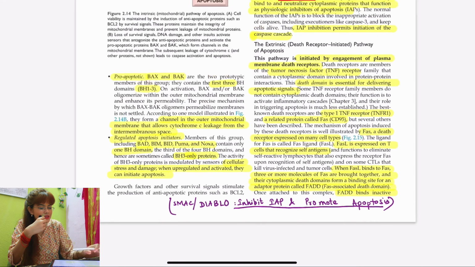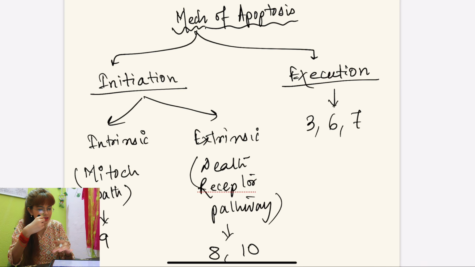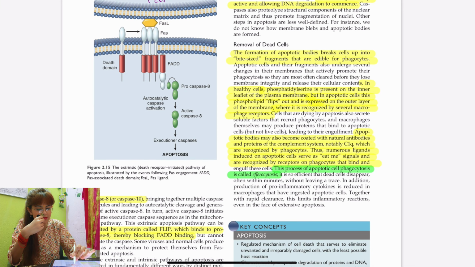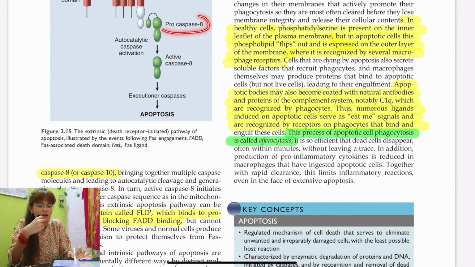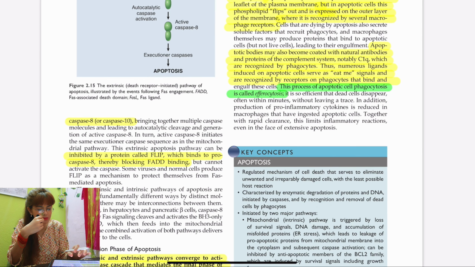So once this entire complex is formed, the FAS ligand, the FAS and the FADD, it will ultimately cause activation of the pro-caspase into the active caspase 8. The main aim of this process is to activate caspases 8 and 10, which will ultimately cause the execution of apoptosis. Okay, I hope this makes sense to you.